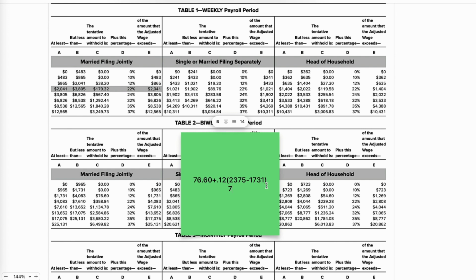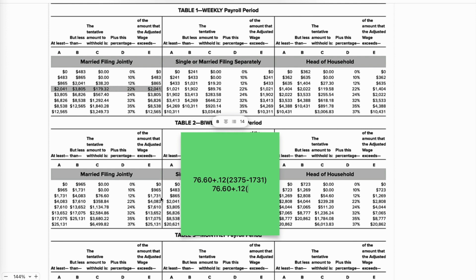So now if we break it down into steps so you can see how this works out, I'm going to carry everything else down, and now I'm going to take the difference between the amount of her paycheck and the amount that we're looking to see that it's over. So over that 1,731.